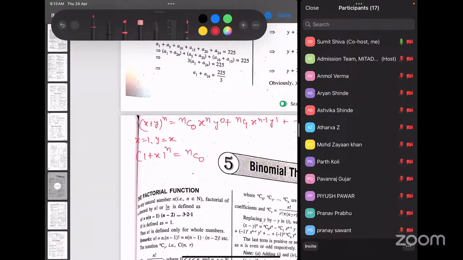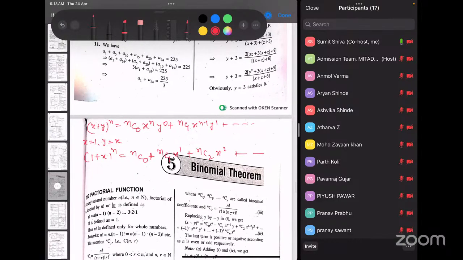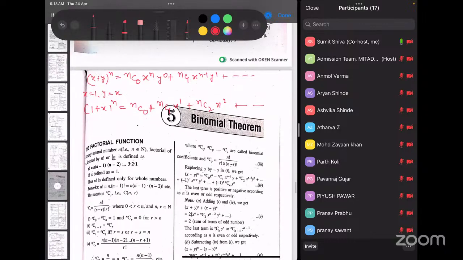So this will be nC0 + nC1 x^1 + nC2 x^2 + so on till n. So this will be the standard expansion of (1 + x)^n, which is very, very useful.